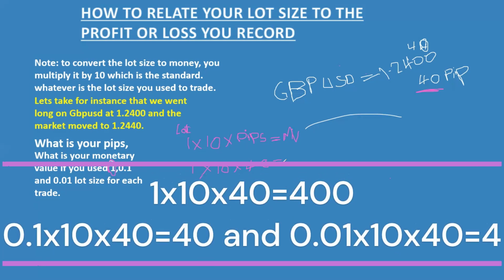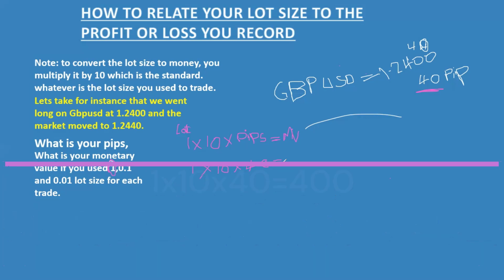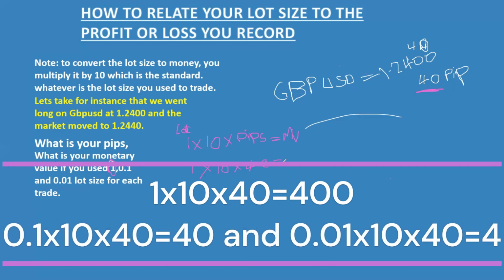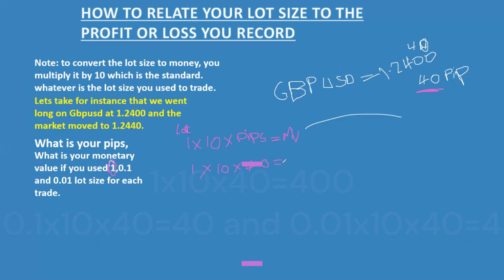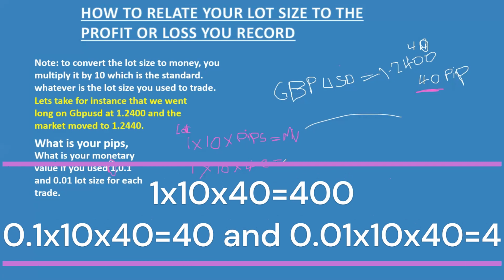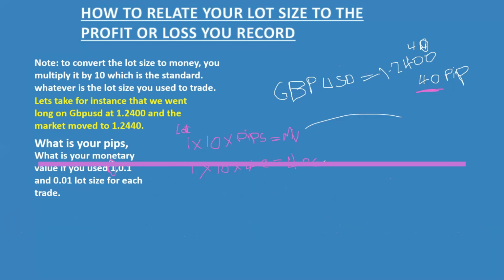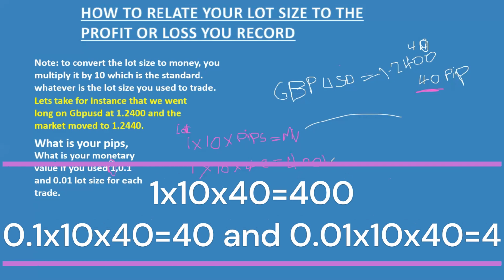It's very, very simple. You are going to do the same thing for 0.1 and 0.01. So 40 times 10 is 400. So you have $400. That's the monetary value. Very, very easy.